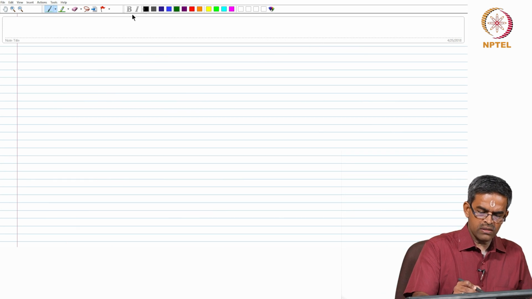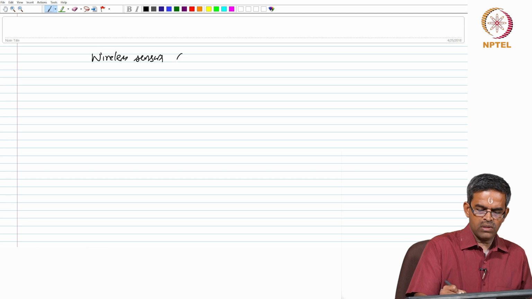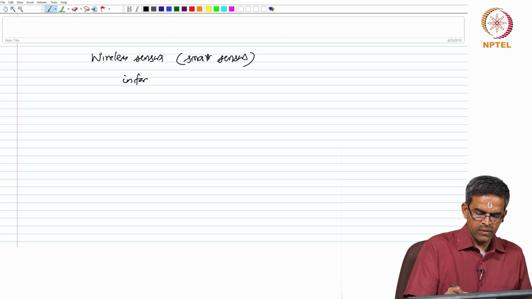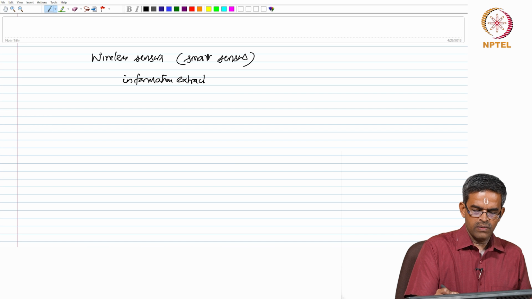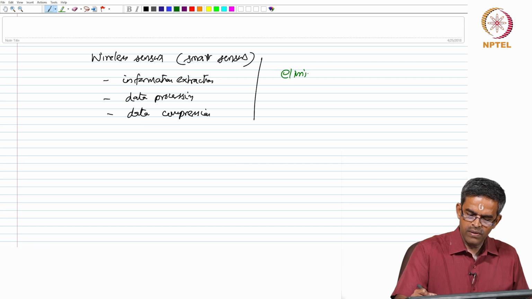So, wireless sensor networks, which are otherwise smart sensors, have the capacity for information extraction, to do data processing, and they have a capacity to do data compression.